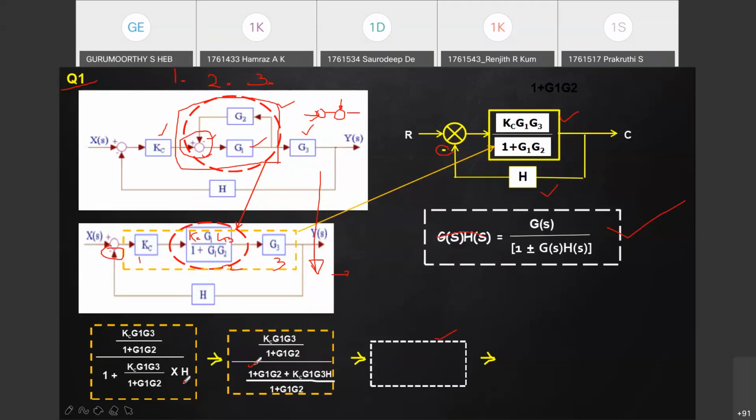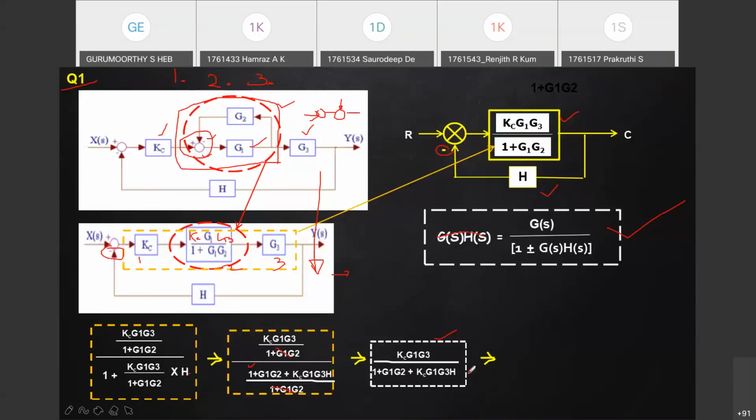Then this value will be G of S H of S, then this is Kc G1 G3 into H. Then with the LCM, on both sides you cancel out numerator and denominator. So finally you get Kc G1 G3 divided by 1 plus G1 G2 plus Kc G1 G3 H.